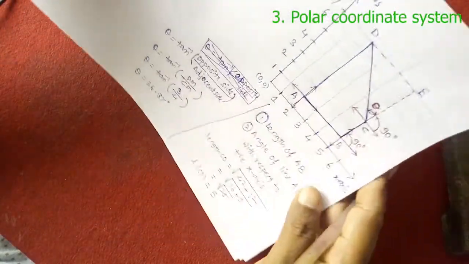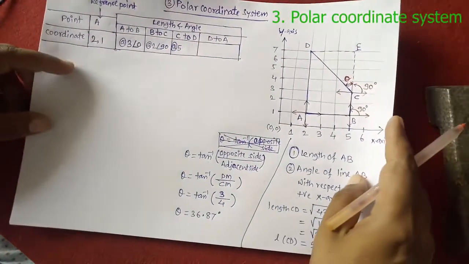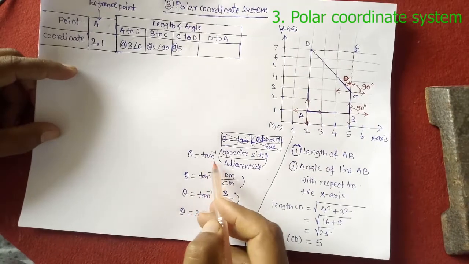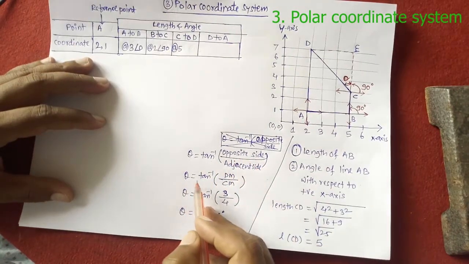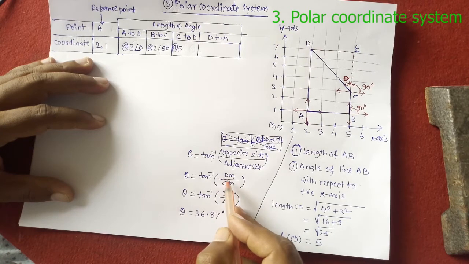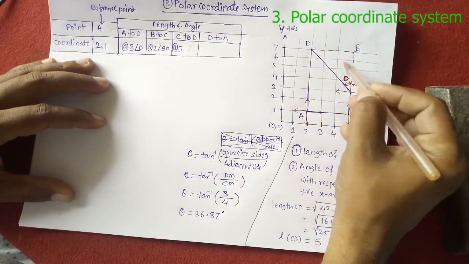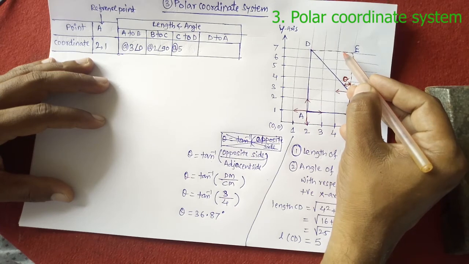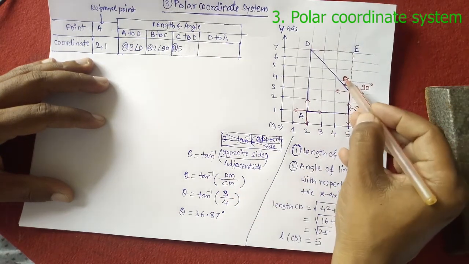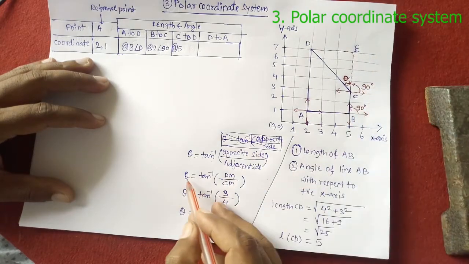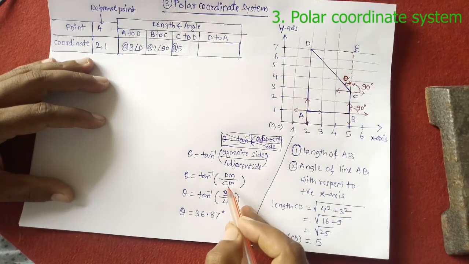So by using this formula, theta is equal to tan inverse of the opposite side DM divided by the adjacent side CM. So theta is equal to tan inverse of DM upon CM.